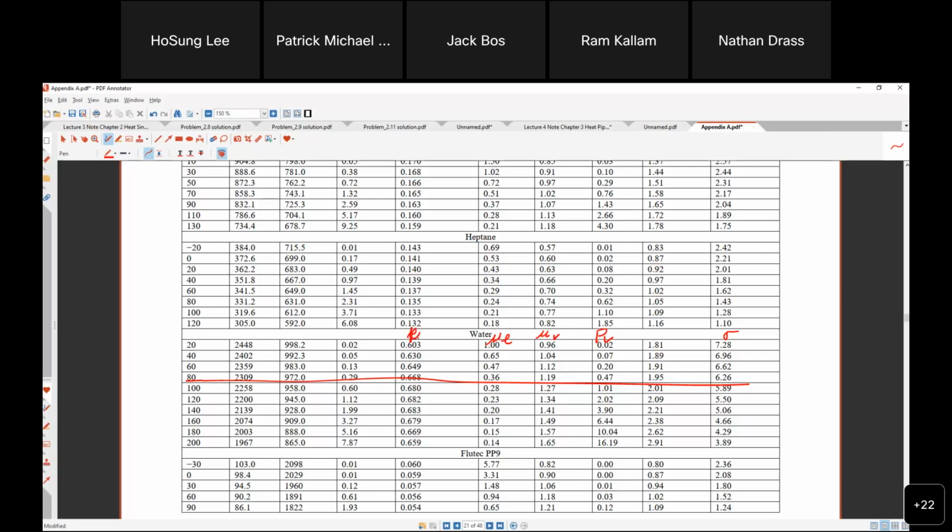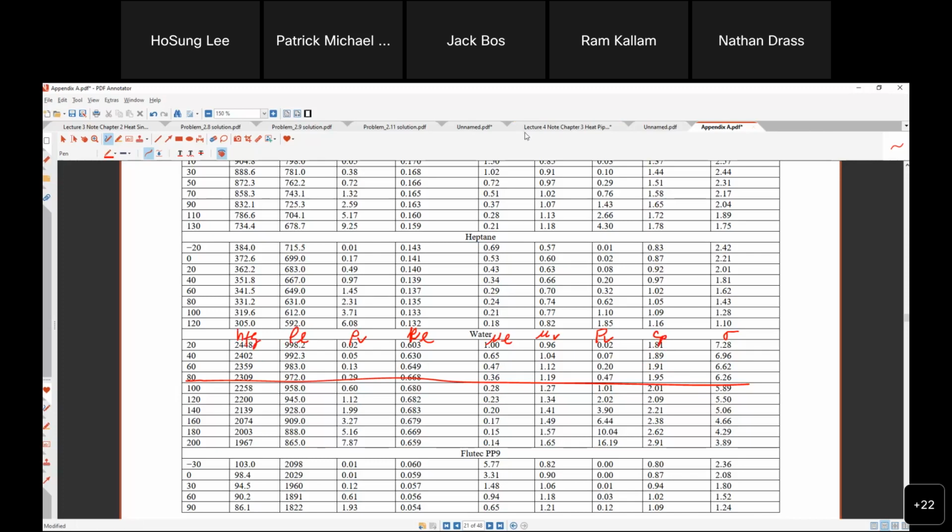This is K. If you look at the book, thermal conductivity and vapor density, something like that. You have to find it. And the liquid density. This is liquid density and latent heat, HFG. You have to figure out the unit, but this is specific heat.